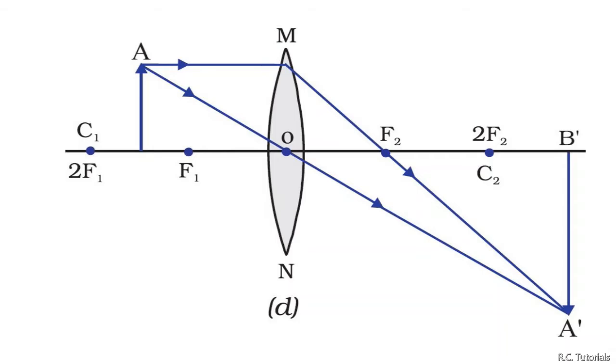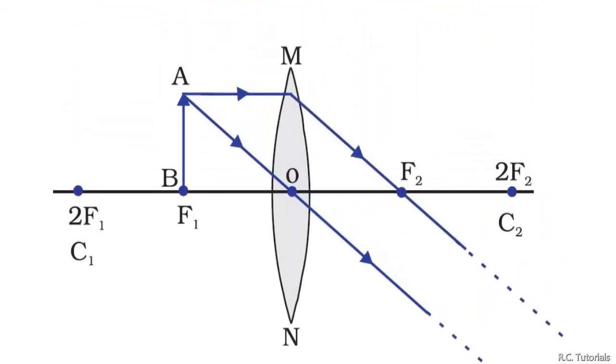Next, number 5. When the object lies at focus f1, then one ray will go parallel to the principal axis and the other ray will pass through optical center, and after that the two rays will go parallel on the other side, and they will never meet or intersect each other at less distance.